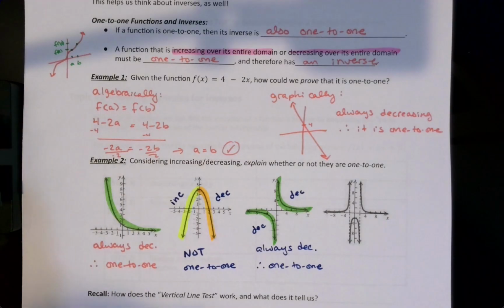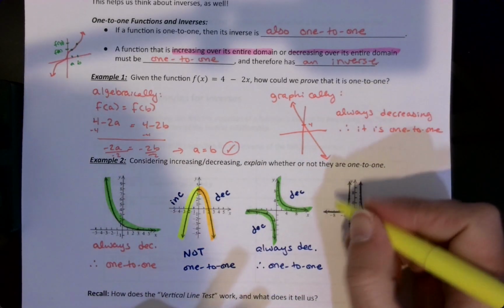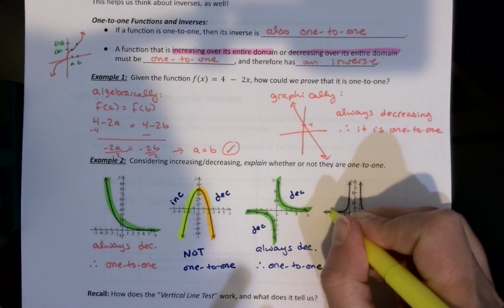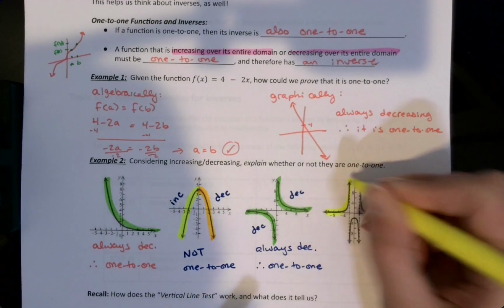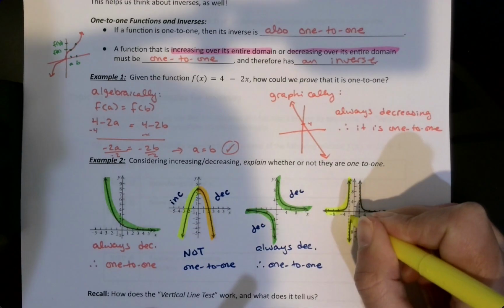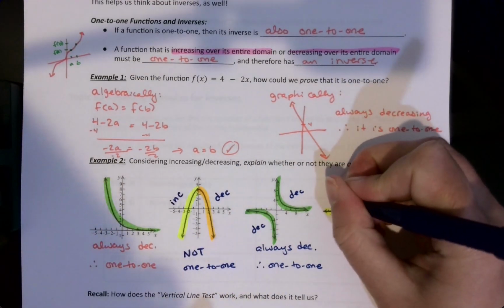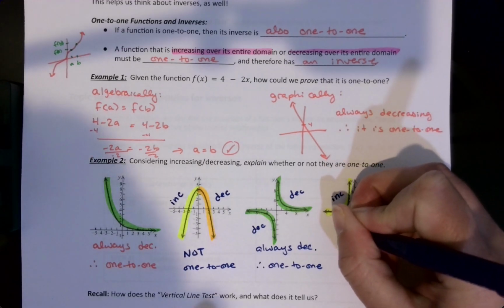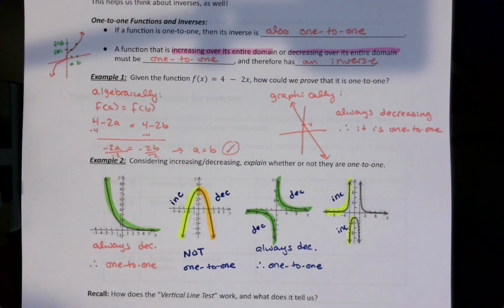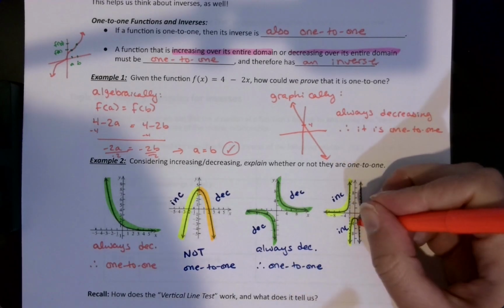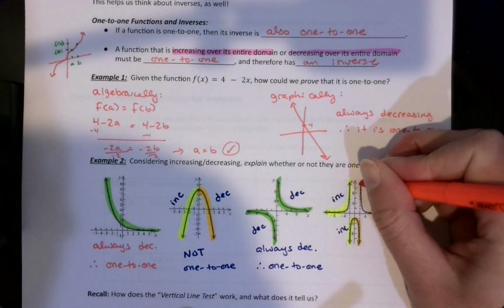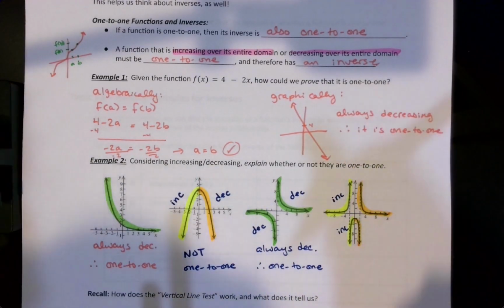In the last one, we've got our function here, and reading from left to right, this is increasing, and then it's increasing. But then at 0, it starts its decrease, and it actually continues the decrease over here.